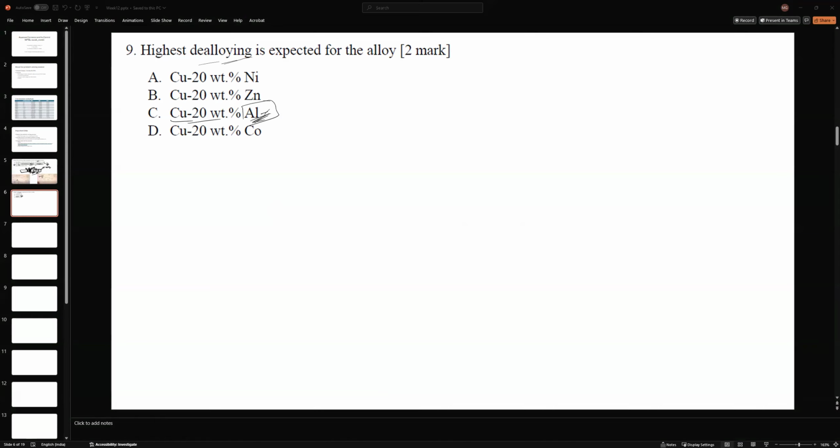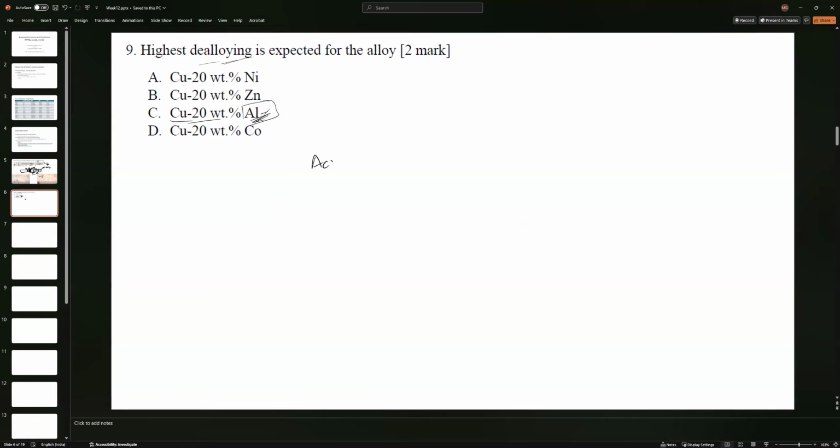One is the electrochemical activity of aluminium, which is high, but it's passivating as well. This is increasing corrosion, this is decreasing corrosion. Which one wins, you have to go by experimental data, and I couldn't find anything.